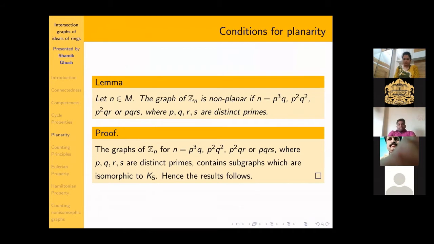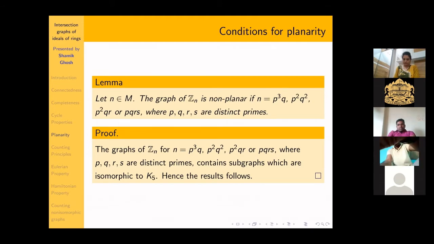P to the power 4 is just a triangle. Here the non-zero, non-trivial ideals are only p, p square and p cube, which is just a triangle. So it is planar. So excepting the case where all the primes are the same, if n is a product of 4 primes, at least 2 are distinct, and then we see that the graphs are non-planar.